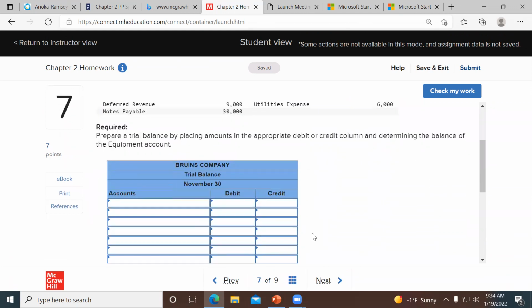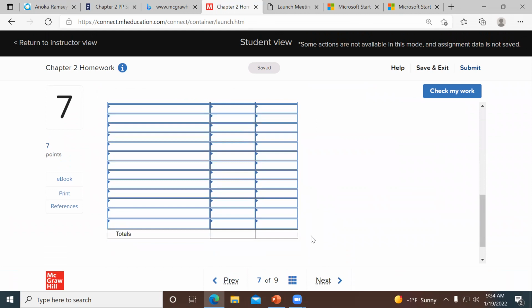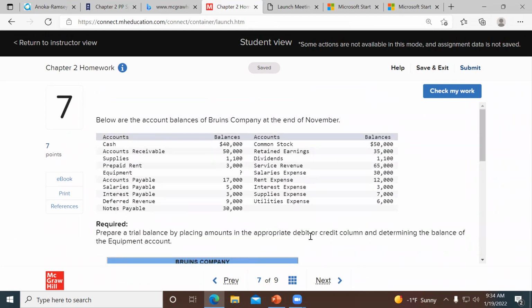This is where they ask you to prepare a trial balance. A trial balance is simply recording each account and then showing if it is a debit or a credit. We start with assets, then we go to liabilities, stockholders' equity, dividends, revenues, and expenses.